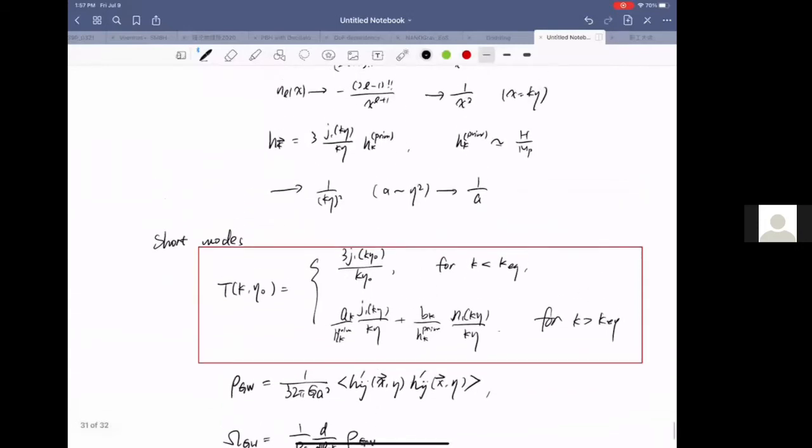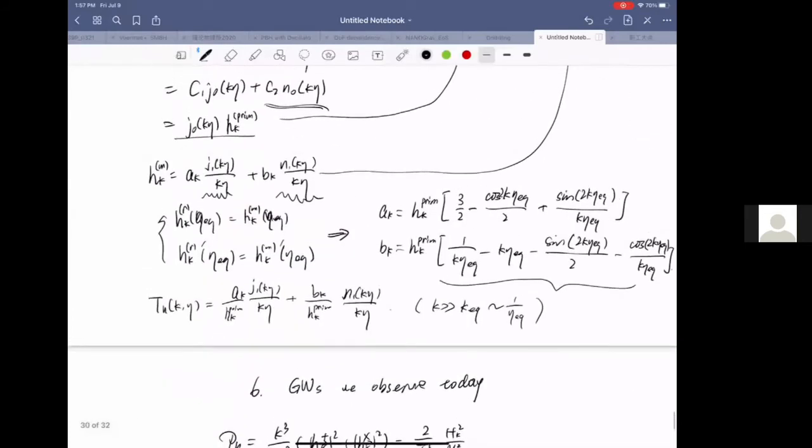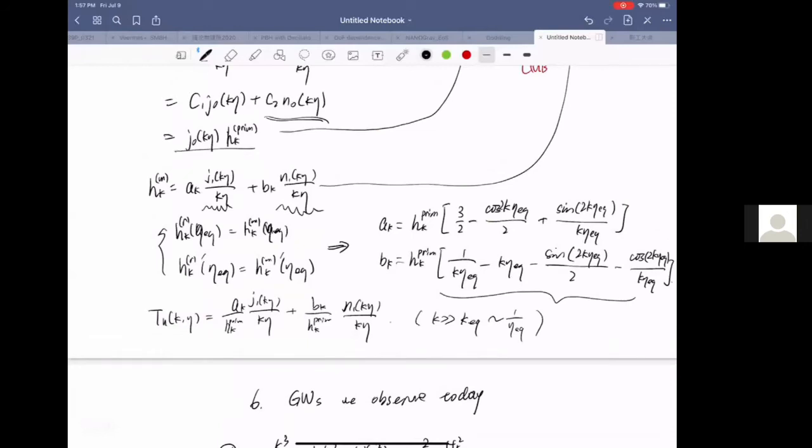And we have to look at the coefficient in here and in here. And you can immediately see that, first of all, both of these two factors I marked red behave the same in the large argument limit. This is because J_l(x) or N_l(x) always go like 1/x plus some cosine or sine something.